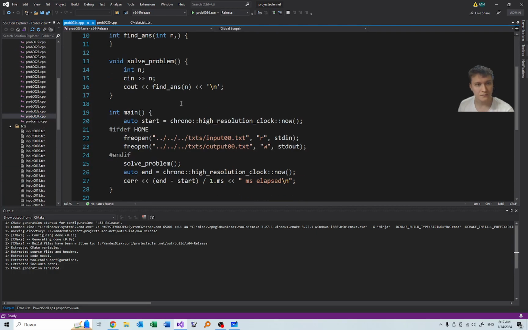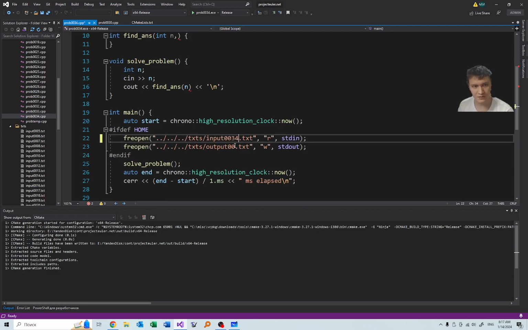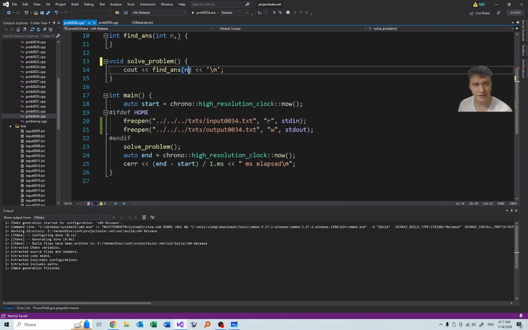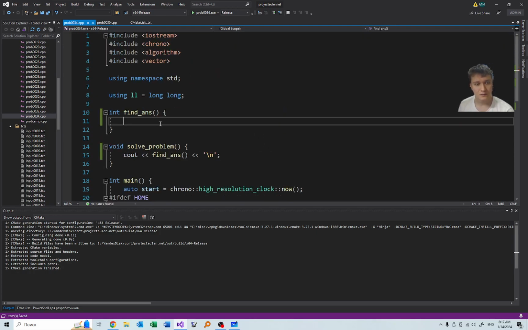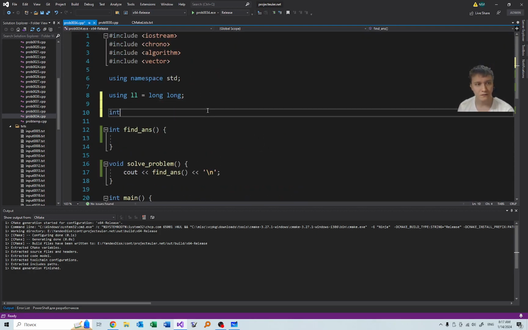And let's do it. We don't read anything. So let's start with the function of factorial.